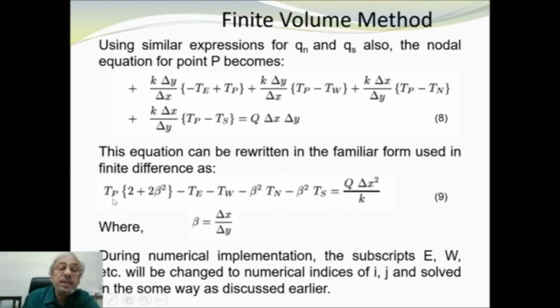We express Tij as unknown in terms of all its unknown neighbors, and we run from cell 1 to the last cell, and as Ij varies, we get the system of algebraic equations. So during the numerical implementation, the subscripts E, W, etc. that we have written will be changed to numerical indices of Ij and solved the same way as we discussed earlier.